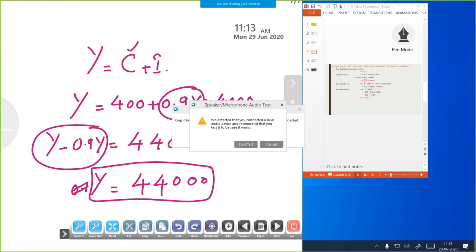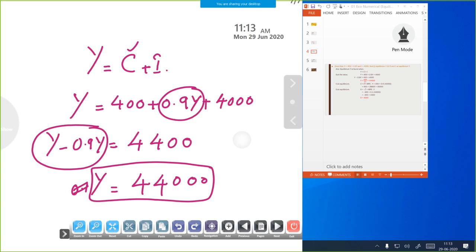Then C at equilibrium. C at equilibrium means C dash plus by. Just substitute this value. We have C dash, b is there, now we got y.